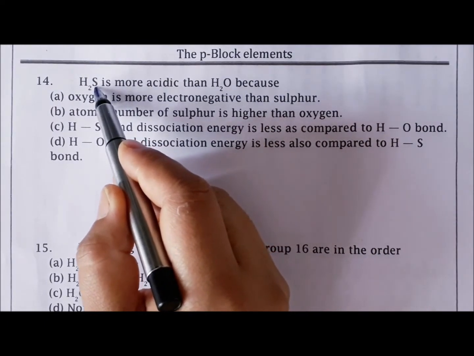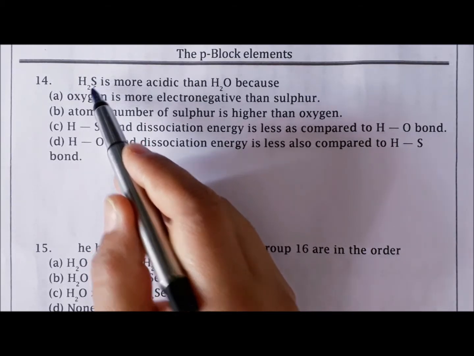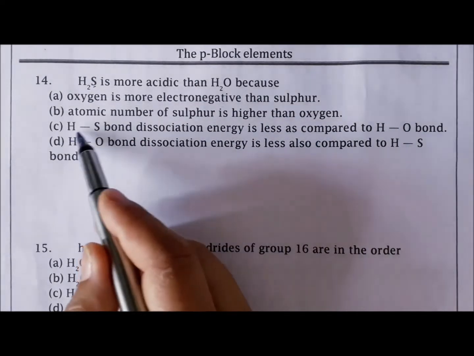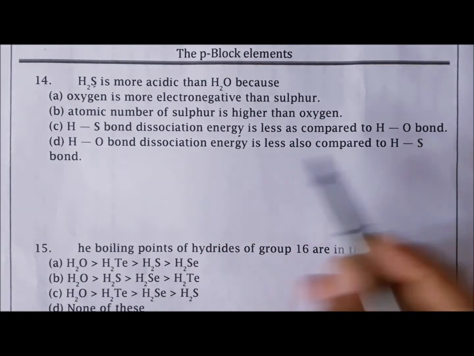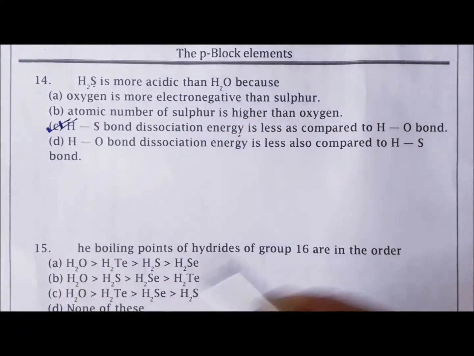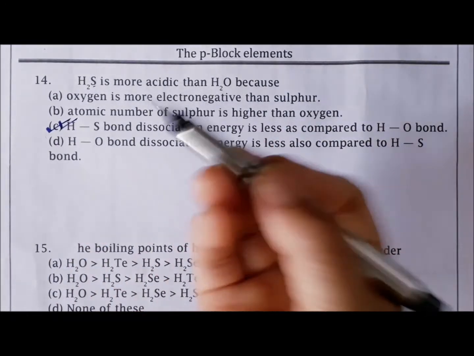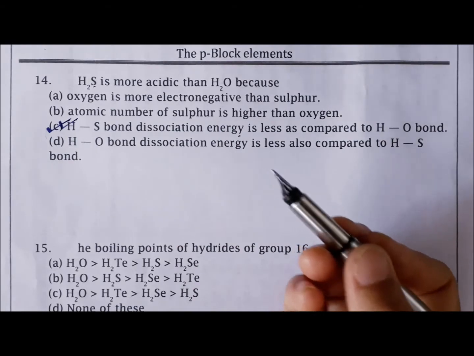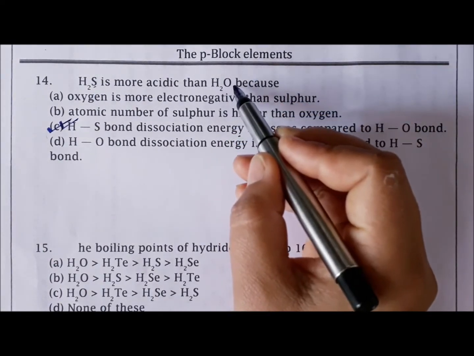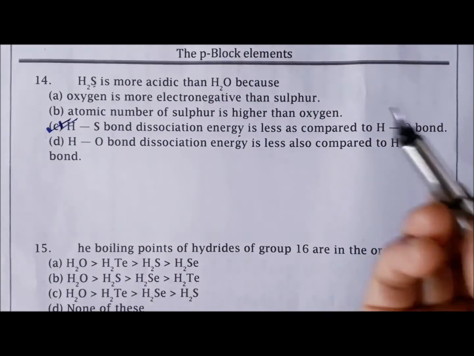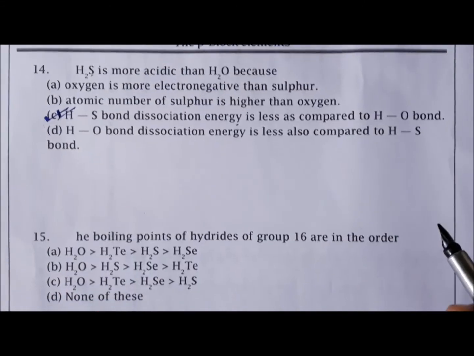Because of the long bond length, it will have low bond dissociation enthalpy. So the S-H bond dissociation energy is less as compared to O-H, because of which hydrogen is easily released. The ease with which hydrogen is released in H2S is much higher than in H2O. So H2S is more acidic than H2O, which means option C is the correct answer.